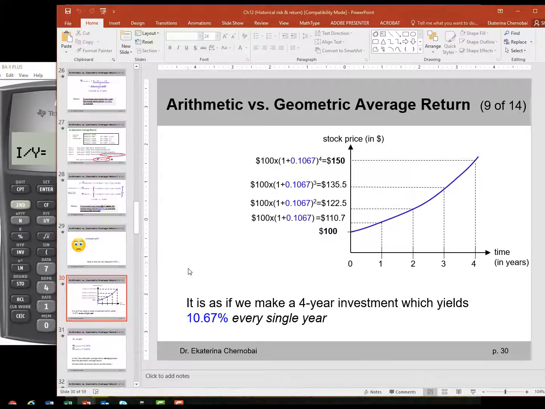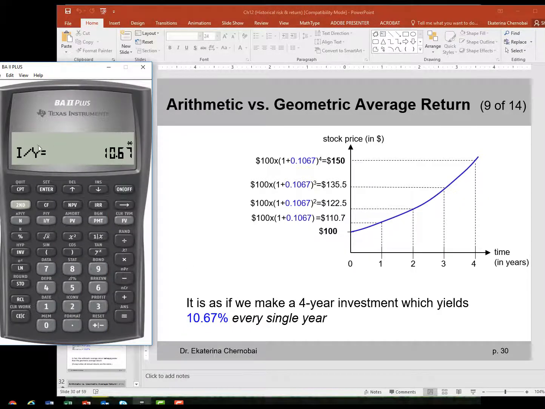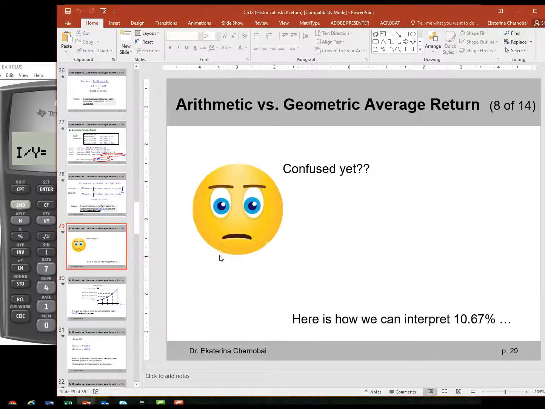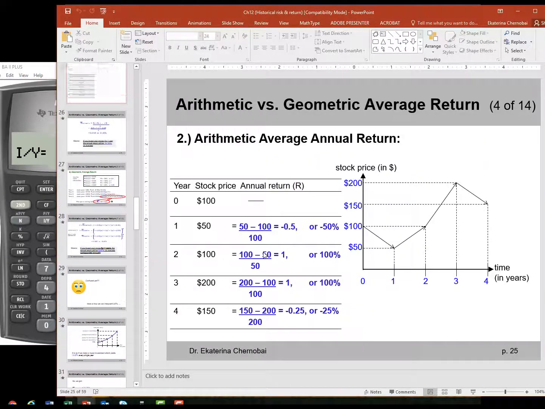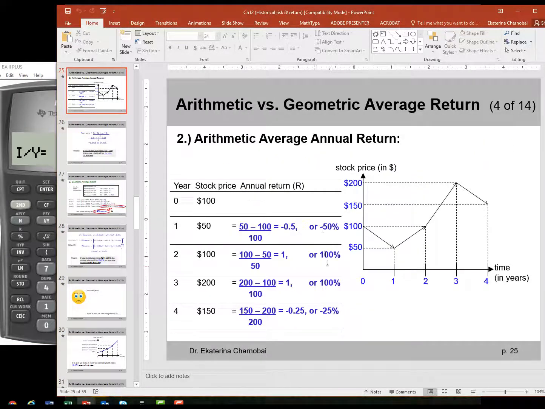There's another way. So the good thing is, yes, you can use this trick in the financial calculator. But the bad thing is, usually you're not given the dollar amounts, which you can use for PV, FV, and then compute the IY. Usually you're given the returns.